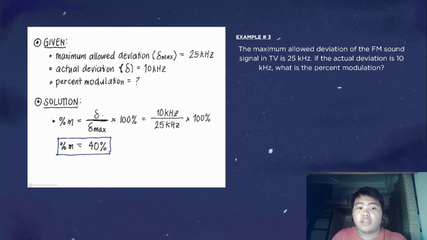So we have the given that the maximum allowed deviation is 25 kHz and the actual deviation is 10 kHz. Note that the formula for the percent modulation is just the ratio times 100%. Hence, it is 10 kHz over 25 kHz times 100%. We get the percentage modulation of the given FM sound signal of 40%.